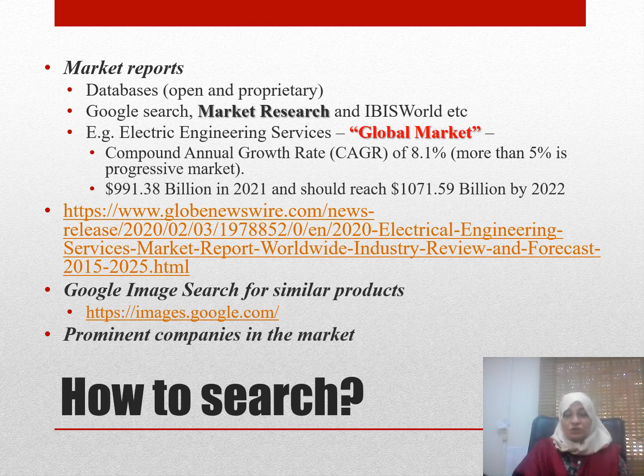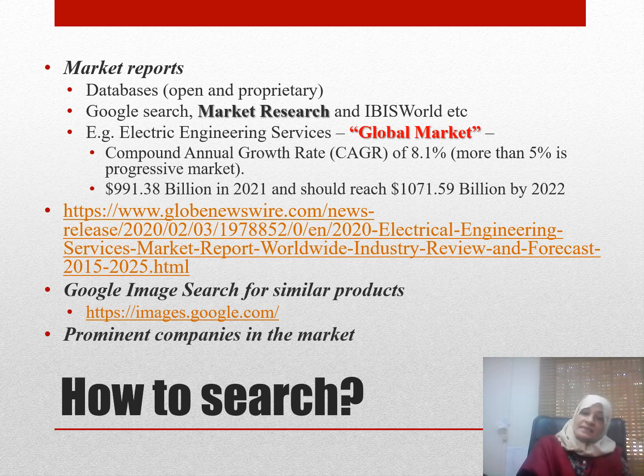Even if the prediction is done for 2025, 2030 and 2050, the CAGR value will be moving further away from 5%. So it could be 8%, 9%, 10%. There are even certain industries where the CAGR value turns out to be 32%, 84%, which shows extremely progressive markets, and any invention you come up with for these kinds of markets will definitely get commercialized.